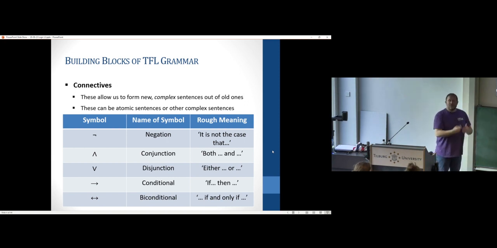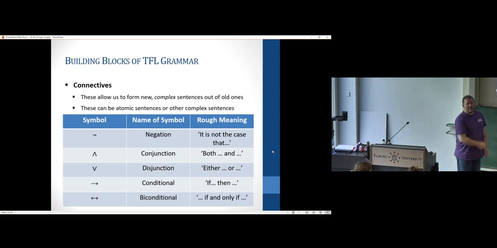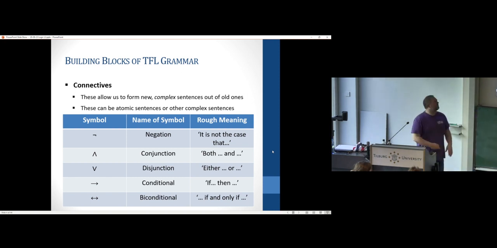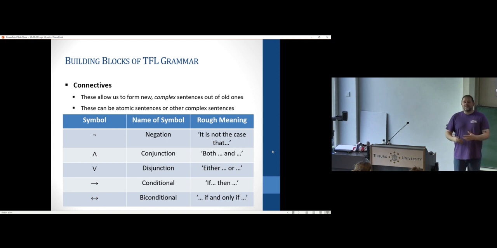So if conjunction is and, disjunction is or. And it looks a lot like a capital V. It's strictly speaking not, but when you're handwriting it, it's going to be effectively indistinguishable. So it's V because in the classical Latin, it was vel. Vel was a way to say or.